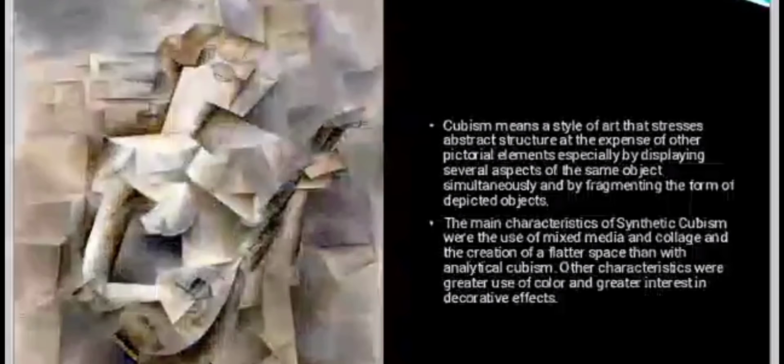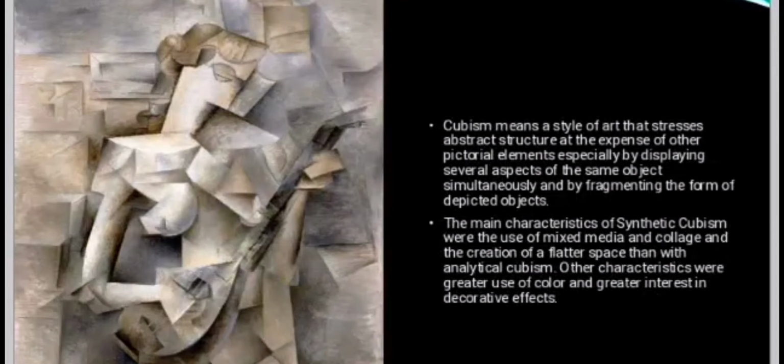Cubism means a style of art that stresses abstract structure at the expense of other pictorial elements, especially by displaying several aspects of the same object simultaneously and by fragmenting the form of depicted objects.